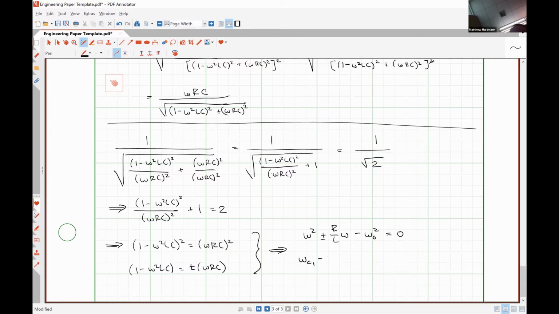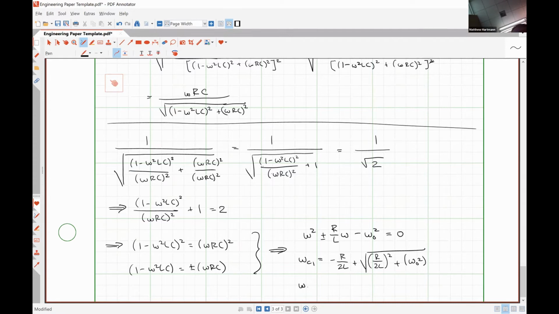Omega C1, so this is my low frequency, is going to be negative R over 2L plus the square root of (R over 2L) squared plus omega naught squared.